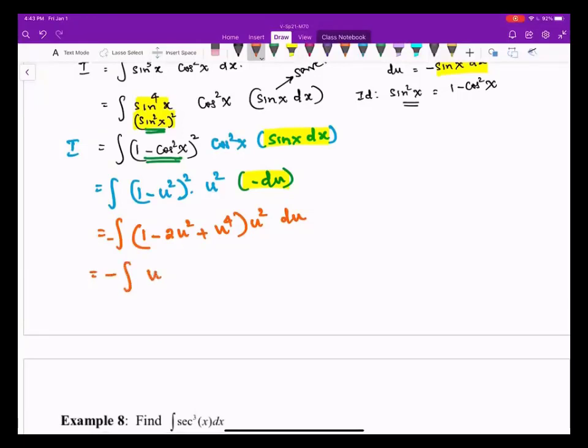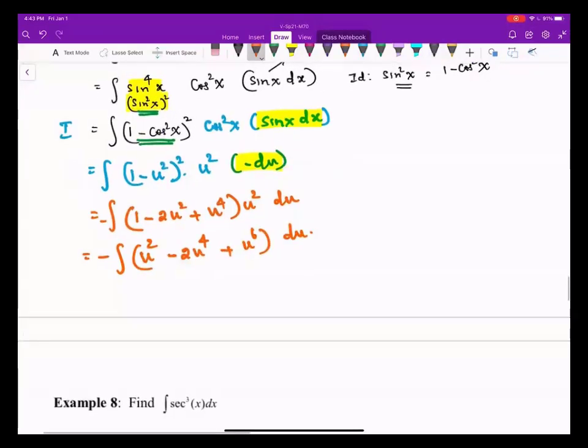If you distribute the u square, it's u squared minus 2u to the power 4 plus u to the power 6 du. Taking the integral of these, you get negative u cube over 3 minus 2 u to the power 5 over 5 plus u to the 7 over 7 plus an arbitrary constant.